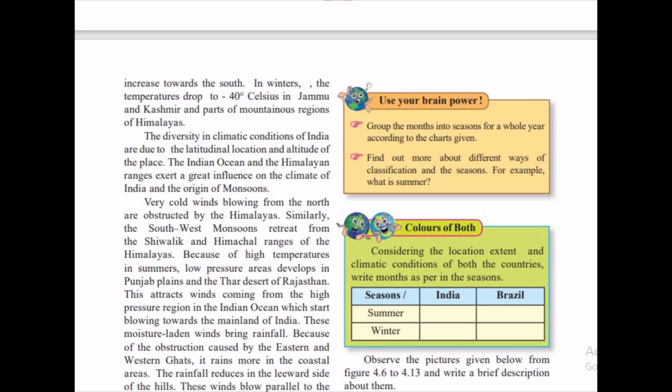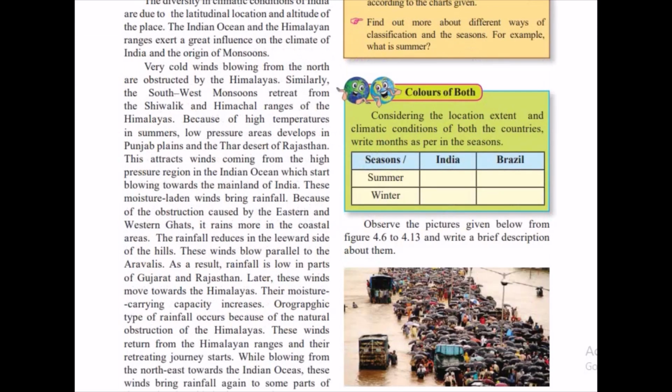The diversity in the climatic condition of India is due to latitudinal location and the altitude of the place. The Indian Ocean and the Himalayan ranges exert great influence on the climate of India and the origin of monsoon. Very cold winds blowing from the north are obstructed by the Himalayas, and similarly the southwest monsoon winds are obstructed by the Shivalik and Himachal ranges of the Himalayas.